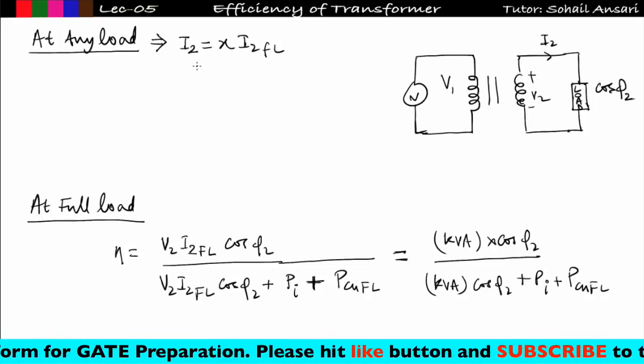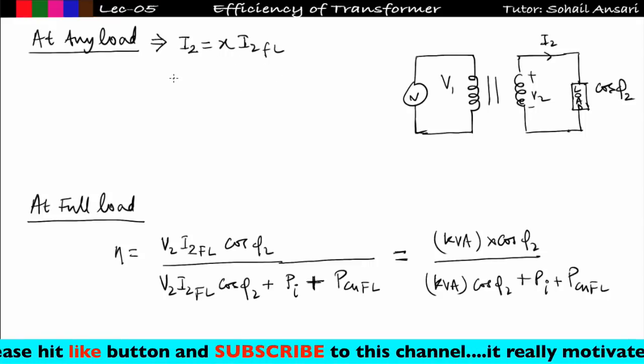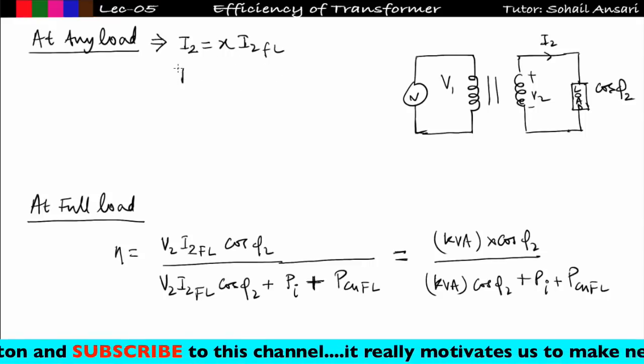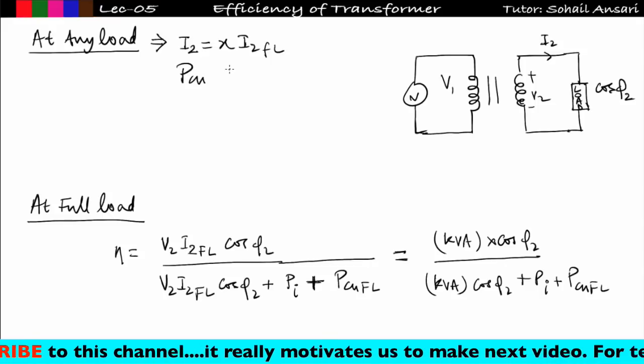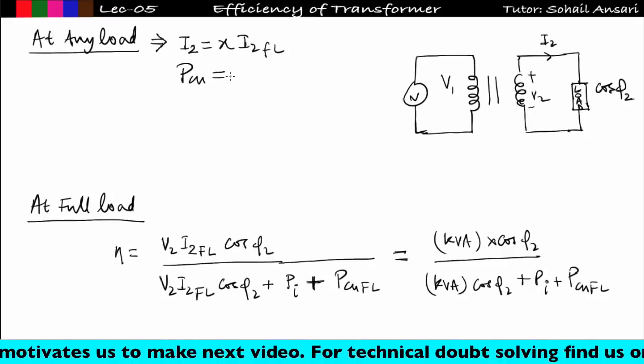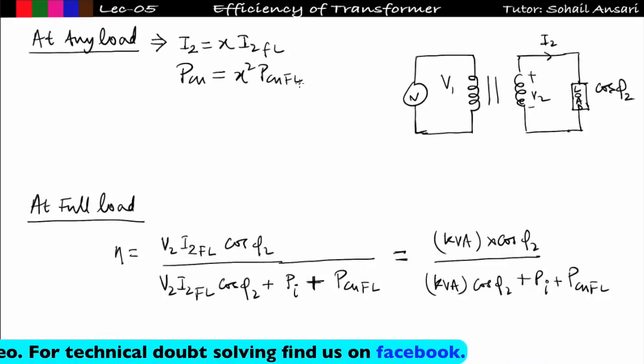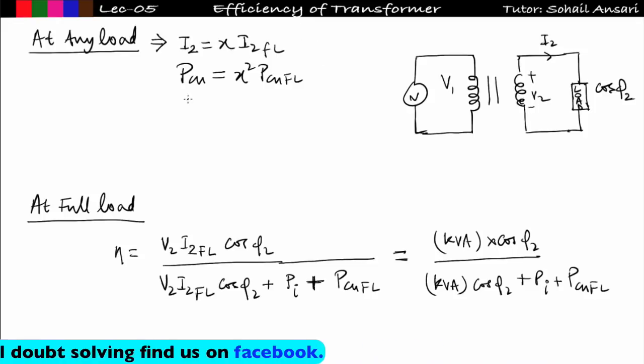In this way, since I2 will be equal to X times the full load current, we can say in that case the copper loss, we know the copper loss is directly proportional to the square of current, so copper loss will become X square times the full load copper loss.